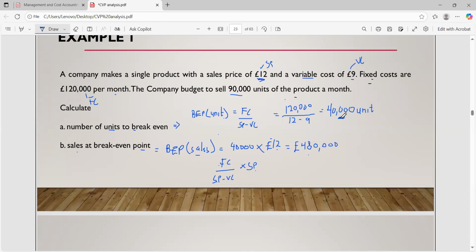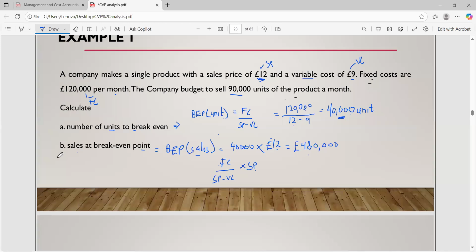So directly, once I've been able to determine break-even point in units, I can just go ahead and multiply it by the selling price and find my break-even point in sales. Now, can we use the contribution ratio method to confirm it? They are telling us that it is fixed cost over the contribution ratio.